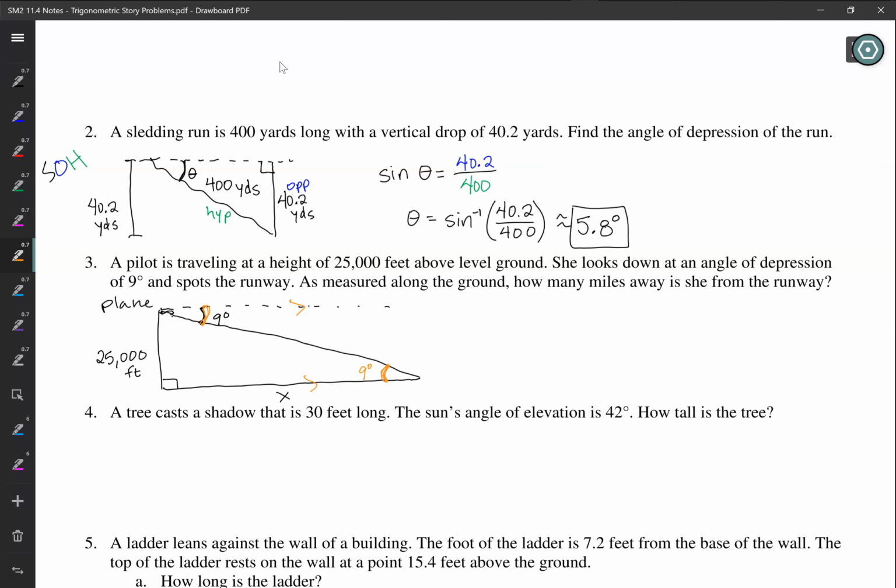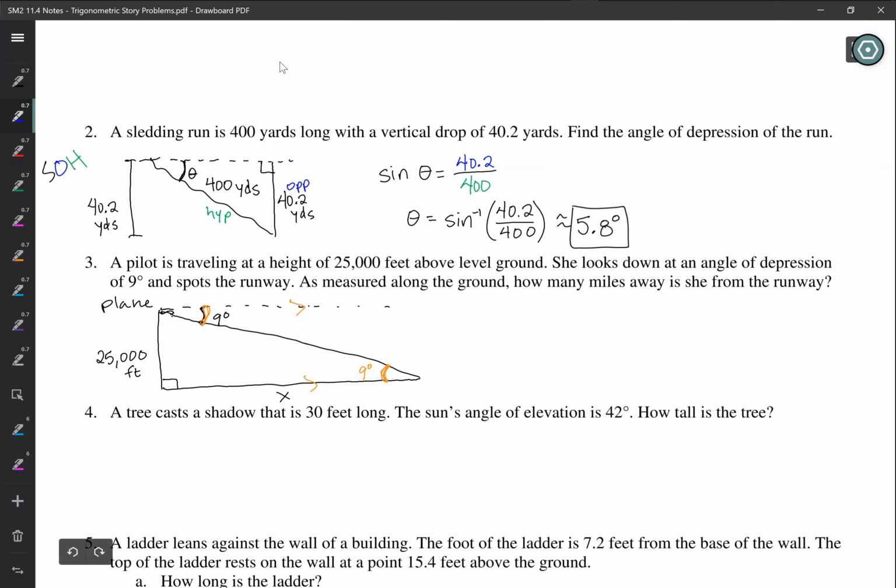That's one thing you can do. Another thing you can do, if you prefer, is you could say, oh, well, these two angles have to add up to 90. So 90 minus 9 is 81 degrees. And you could use that 81-degree angle. It doesn't matter which one you do. I'm going to use the 9 degrees. But if you use the 81 degrees instead, that would also be absolutely fine.